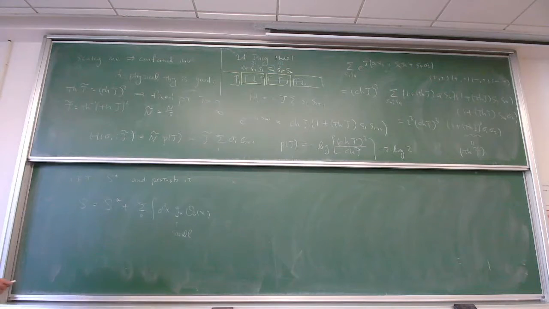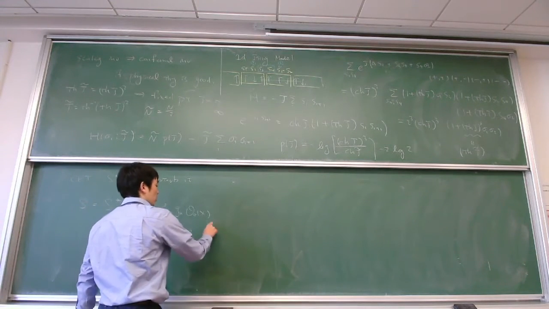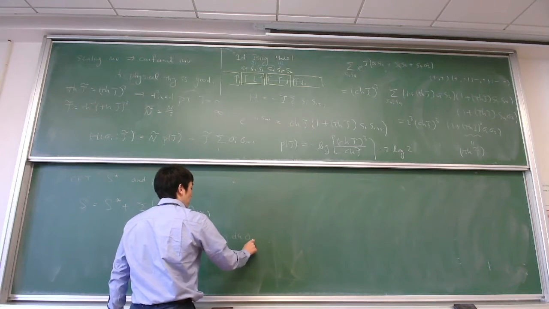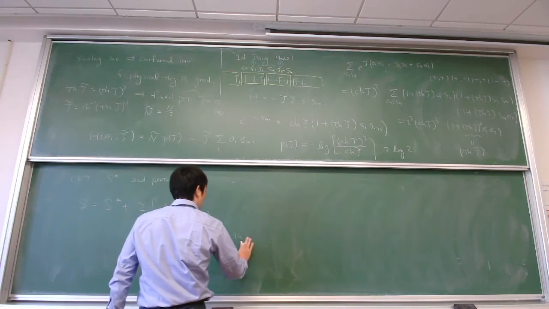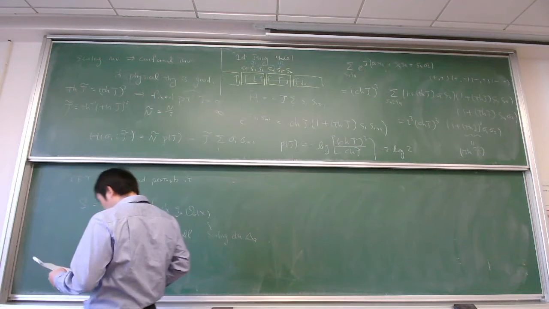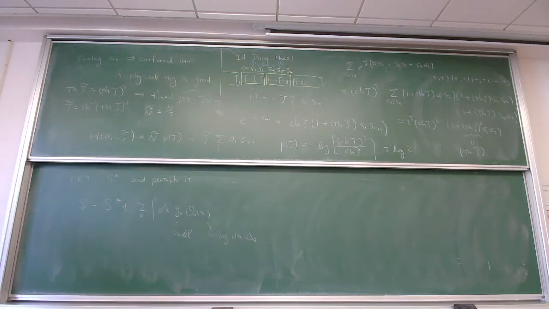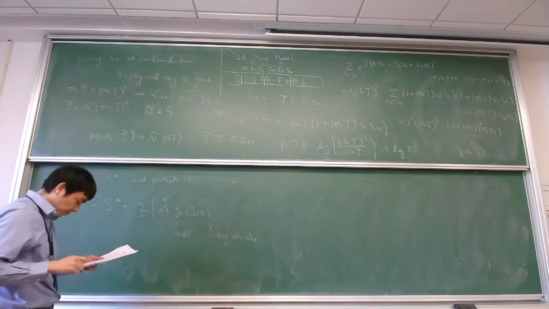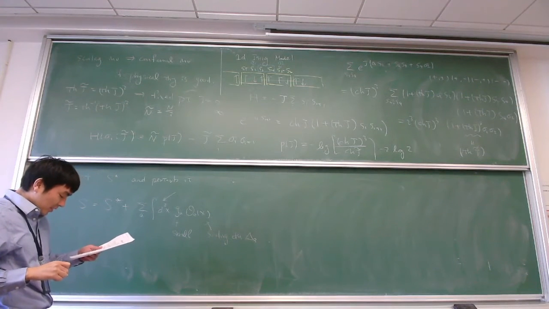Then the operator has a scaling dimension, so consider the scaling dimension Delta A. To make the theory consistent, the measure d squared x has scaling dimension minus 2.